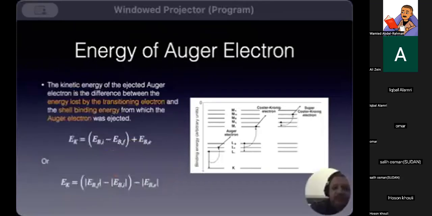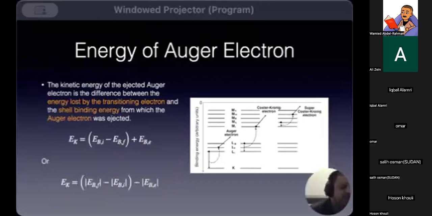Now, the energy of an Auger electron, this is a confusing thing for many. Okay. So we want to know what's the kinetic energy of this Auger electron that comes out. Very simple. We look at how much energy was lost within the original transition. And when that energy is given to this electron, the electron will use part of it to overcome the binding energy.